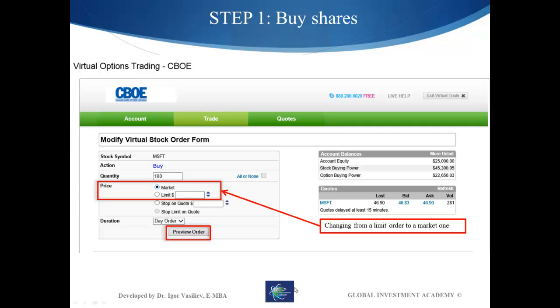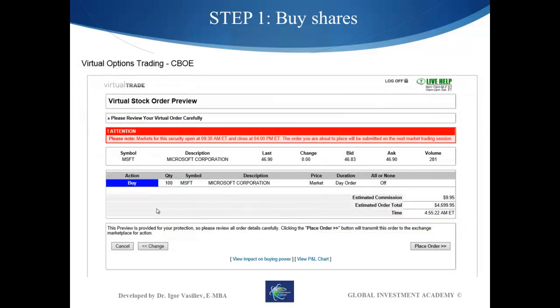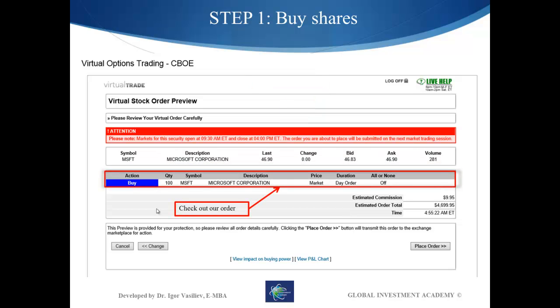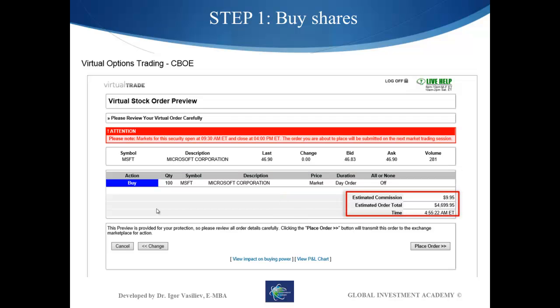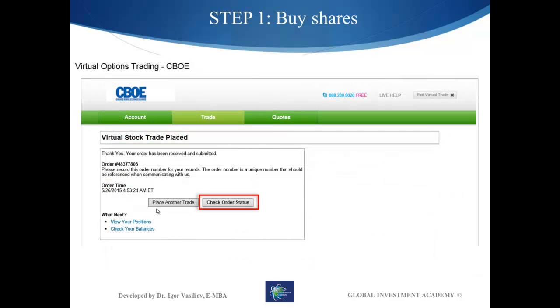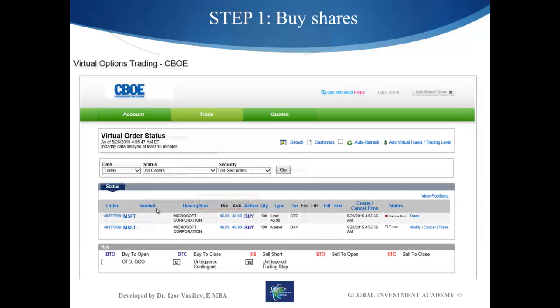As you can see, the duration changed automatically to day order, because the market order is going to be executed straight away at whatever price is in the market right now. After that, we check one more time that we buy 100 shares of Microsoft at market and duration is day. Again, we can see how much we're going to spend, and place the order.